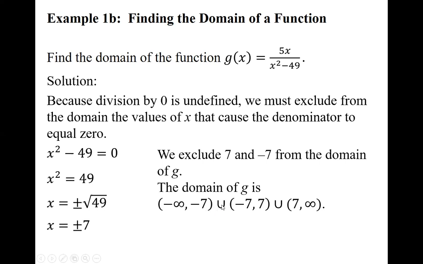We union that with negative 7 to 7, not including the negative 7 up to not including the 7. Not including the 7 means we close with parentheses. A square bracket would include it, a parenthesis excludes it.